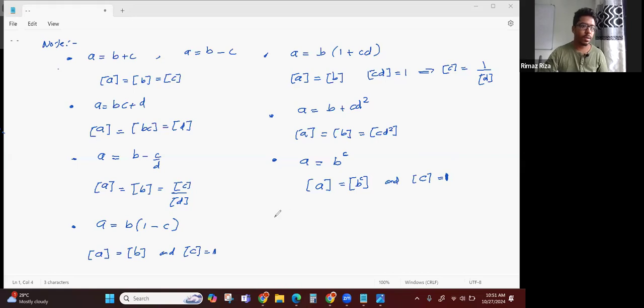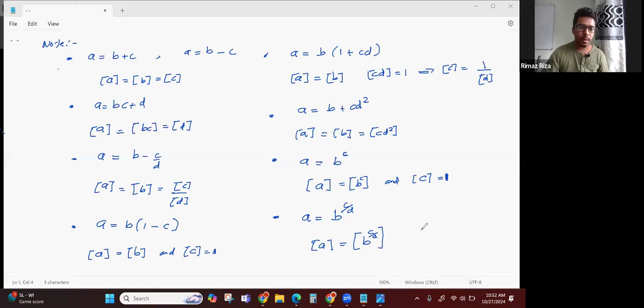Okay. And the next one, if I write A equals B to the power C over D, then the dimension of A must equal the dimension of B to the power C over D. Okay.